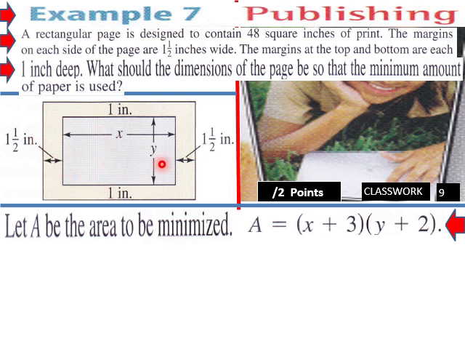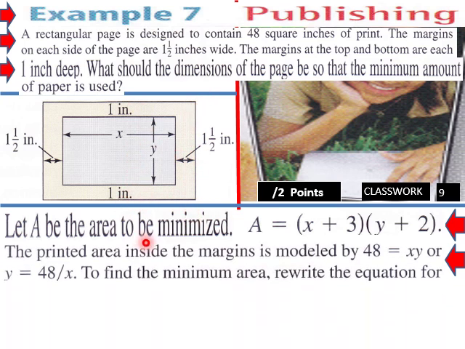And we have 1.5 inches on each side, so that's going to be x plus 3. And then y plus 2, because y is our vertical axis. We have a 1 inch margin on each side of that. So the printed area inside of margins is modeled by 48 equals x times y. So up here in the problem, we need 48 square inches of print.